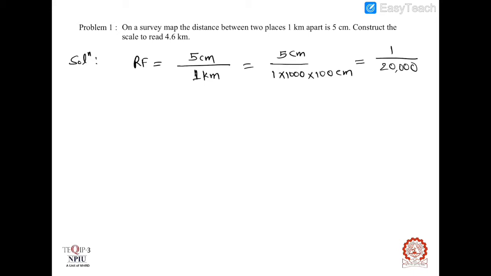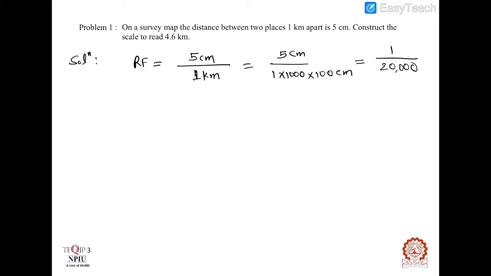Now here we have to construct the scale to read 4.6 kilometer. So either we should make the scale of 4 kilometer or 5 kilometer. Okay, this is decimal value 4.6 kilometer. We need to construct the scale for a perfect integer value. So is it good to reduce the 4.6 kilometer into 4, or is it to increase to 5 kilometer?